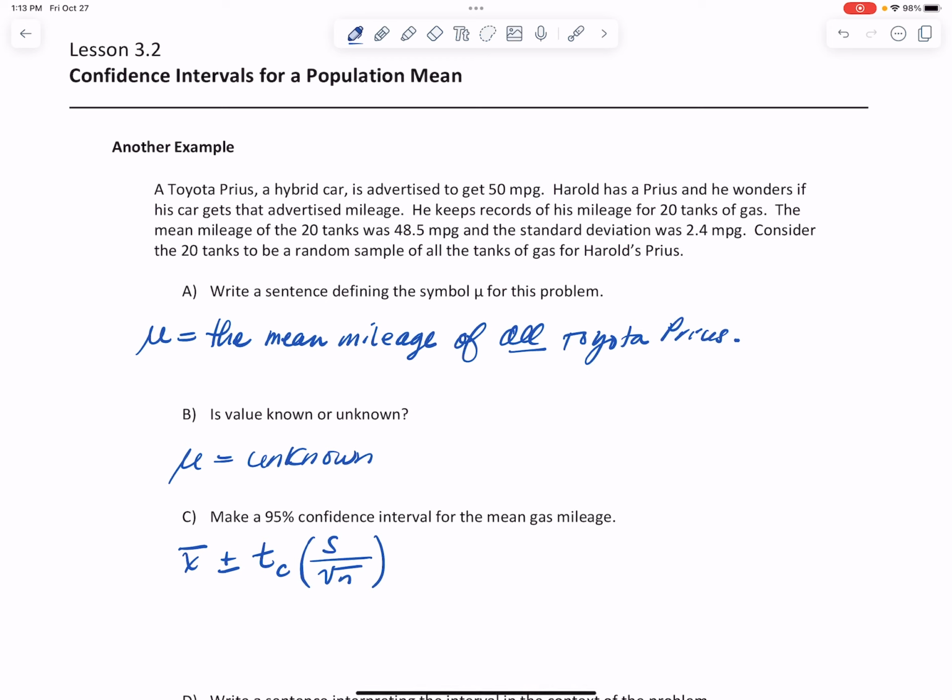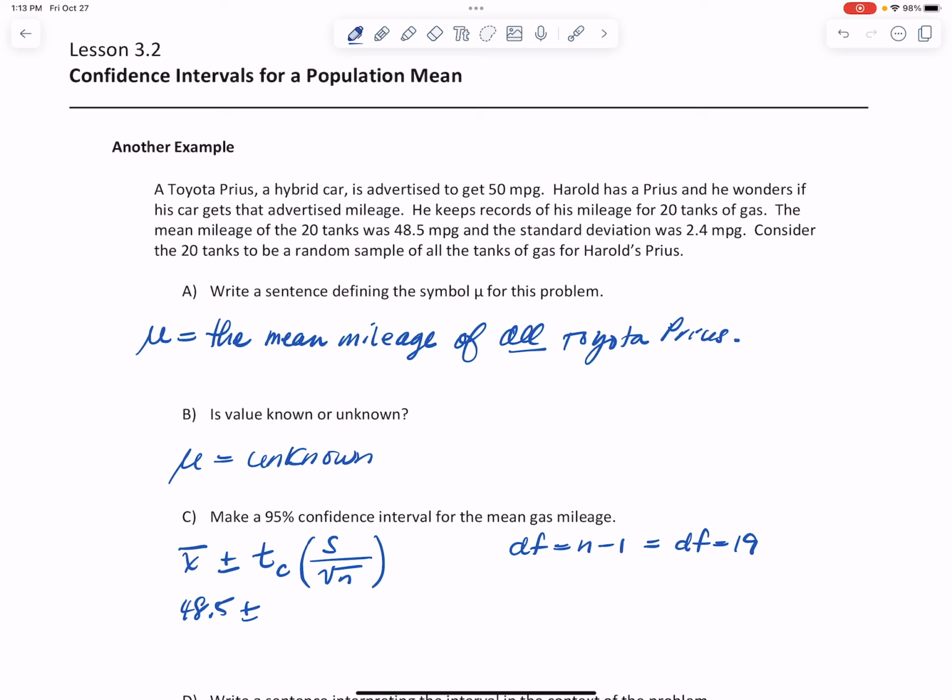Now I go back to the problem and I can see that my sample mean, x bar, is 48.5. Then plus or minus my critical value. My critical value is determined based on the degrees of freedom. My degrees of freedom is my sample size minus 1, and my sample size is 20, and 20 minus 1 is 19.